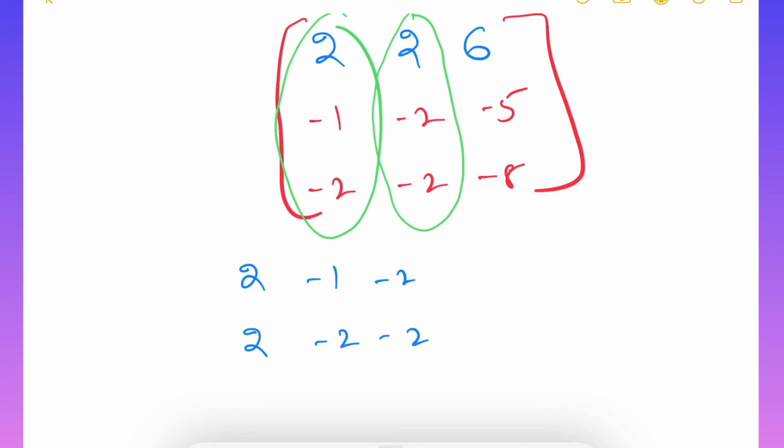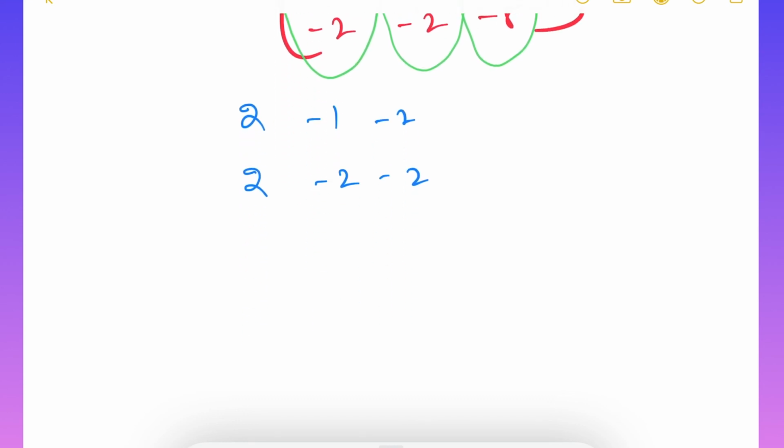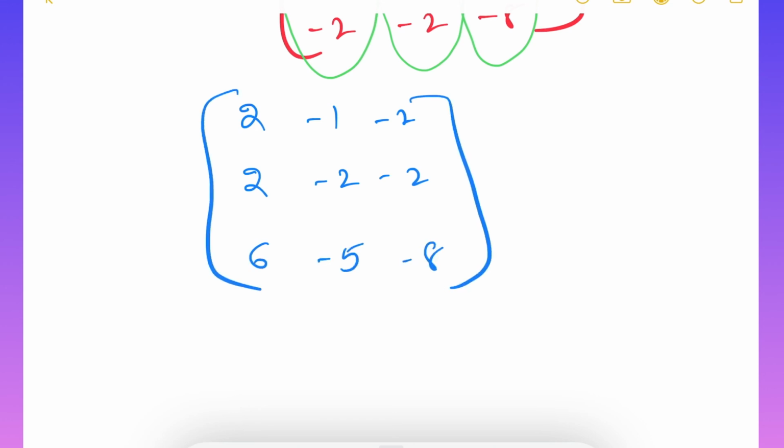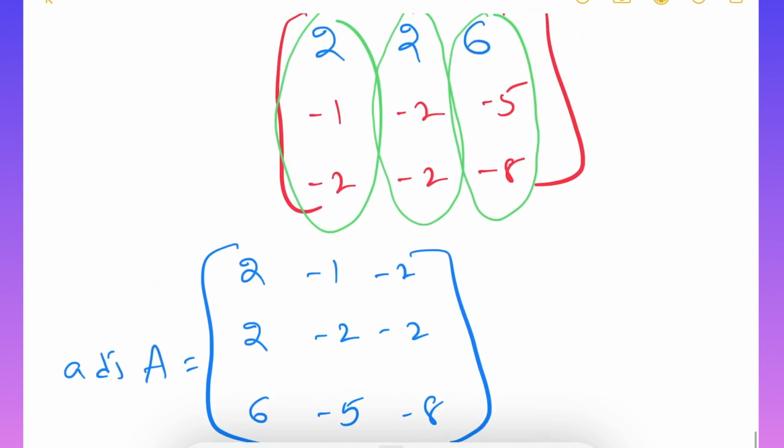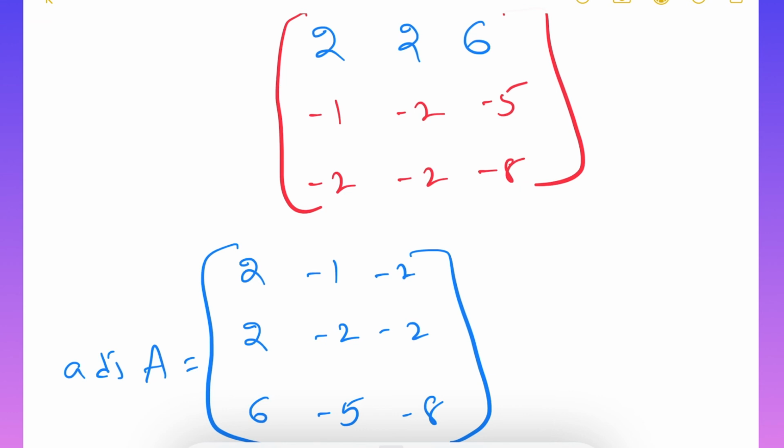The third column, 6, minus 5, minus 8, we write as the third row. This is called the adjoint of a matrix, which we write as ADJ capital A. This is the process to find the adjoint of a matrix.